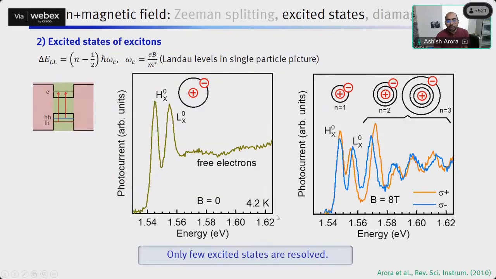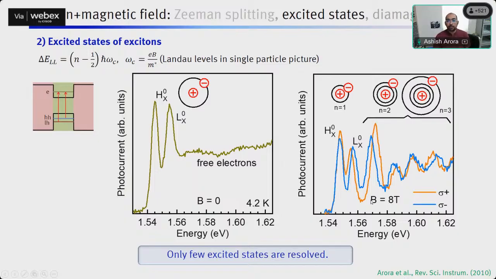Now, here only a few excited states are resolved, n equal to 2 and n equal to 3. The question that can be asked is, what if I want to see many more excited states? What do I do? Because in absorption here, I notice that the signal to noise ratio is bad and only a few excited states are absorbed.